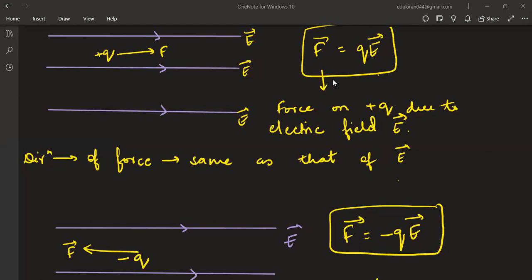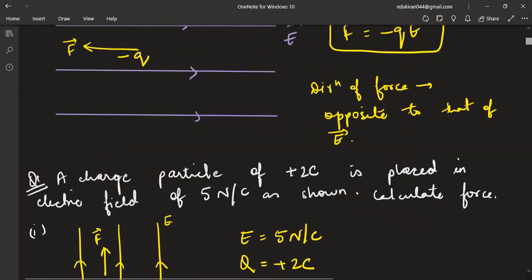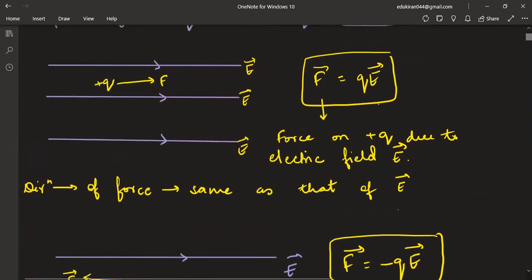But if QE is left, that means translatory equilibrium doesn't exist. And the same goes for torque. Torque's formula is simply P cross E, that is PE sine theta. If torque is 0, then rotational equilibrium also exists. If torque is coming to something, your rotational equilibrium doesn't exist.